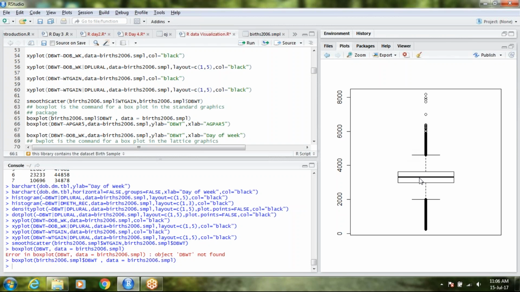So here, this is a box plot. First, this is from the 25th percentile to this, the 75th percentile, and this is still the most extreme value. I think this goes up till the 99th percentile of the range.